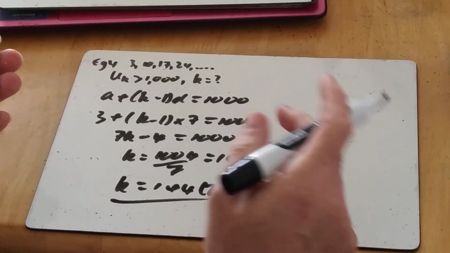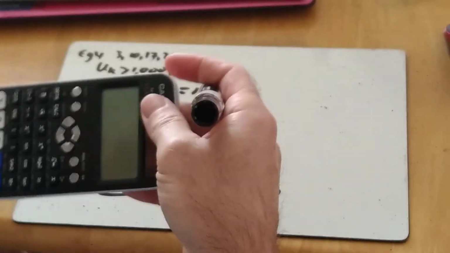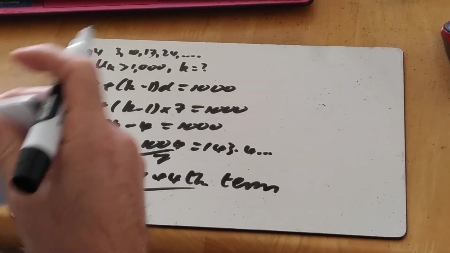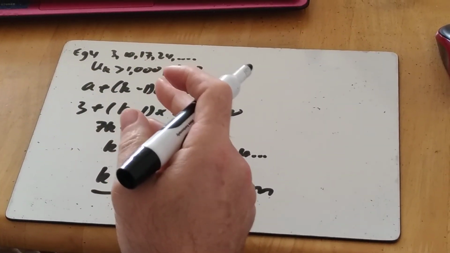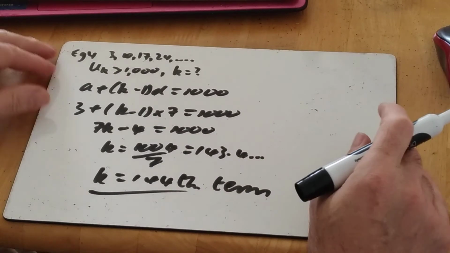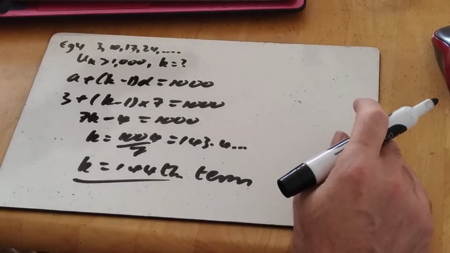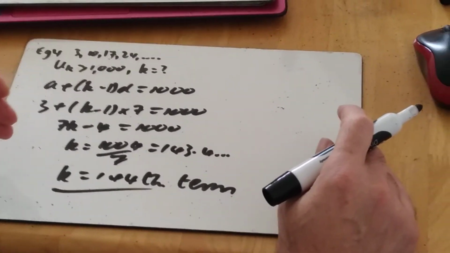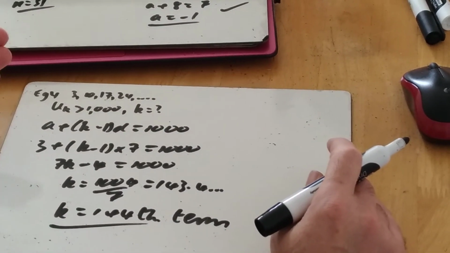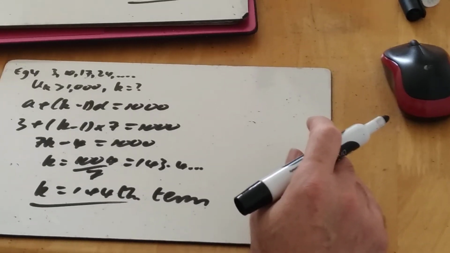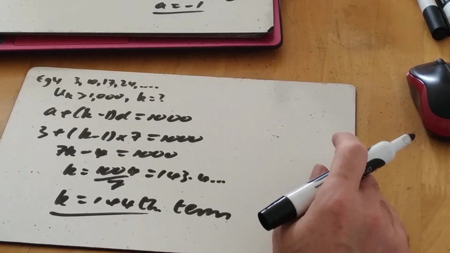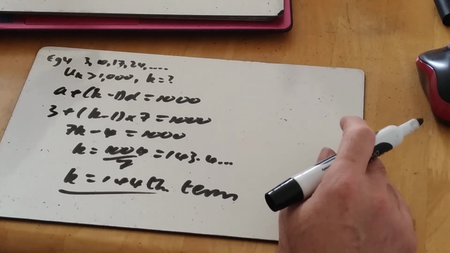The 143rd will be less, the 144th will be above. And so, at the moment, looking at just the initial part of arithmetic series, those last two examples are the typical sort of things you might see. When we talk in the next video about the sum of series, you'll see it becomes a bit more complex, and we have to use the formula that I said before.